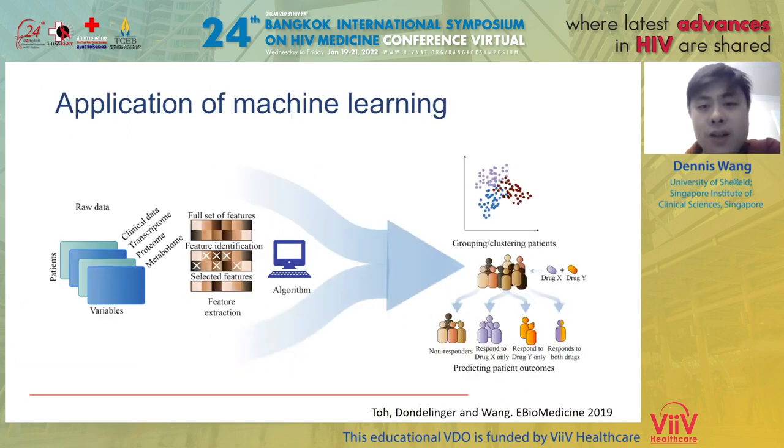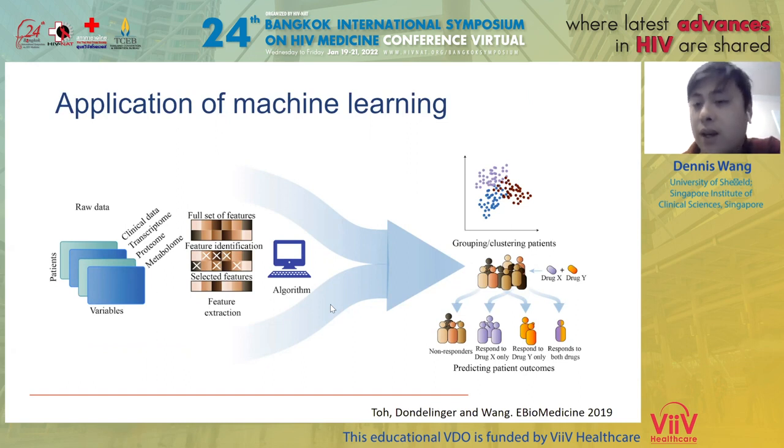So the application of machine learning techniques in translational research or drug development can take a few steps. Generally, it involves collecting large amounts of high-dimensional data, say from a patient's clinical records, from their genomes, proteomes, etc. And that data needs to be processed and made machine readable, and then we identify the relevant features in the data that can be used by an algorithm to do generally one of two tasks.